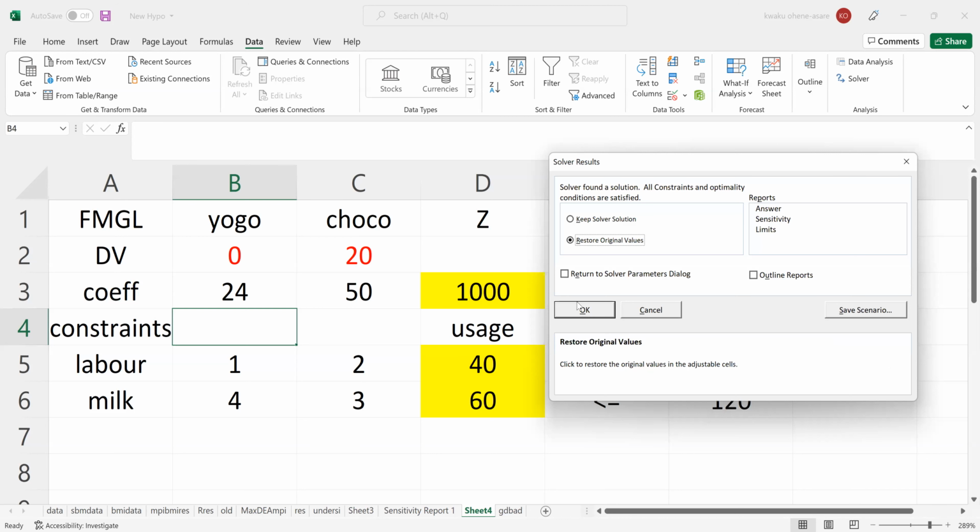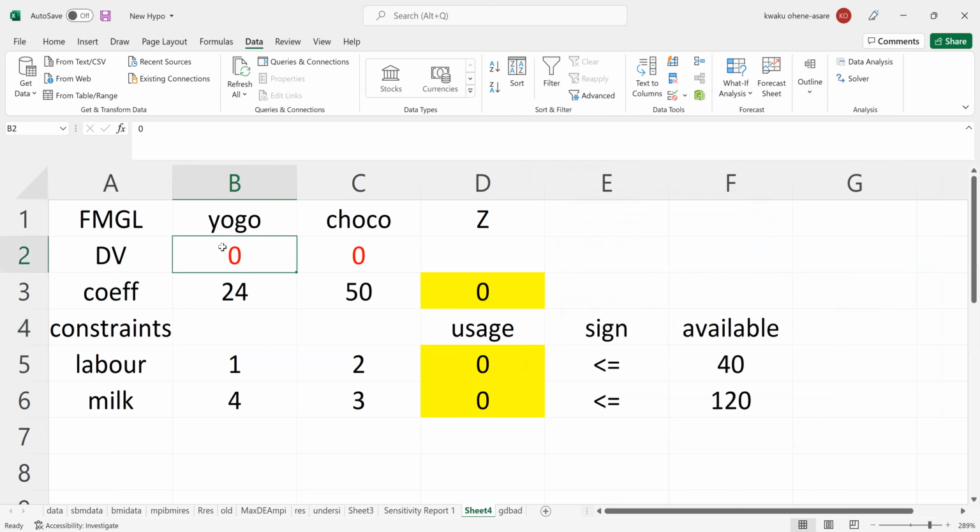But now let's restore the original values and keep it within the sensitivity range. It shouldn't go below 25, so I'm just going to put it at 26. It's still within the range, isn't it? It is.